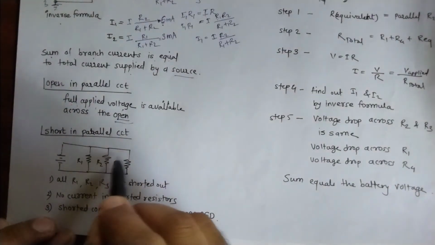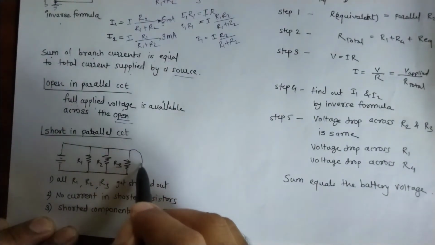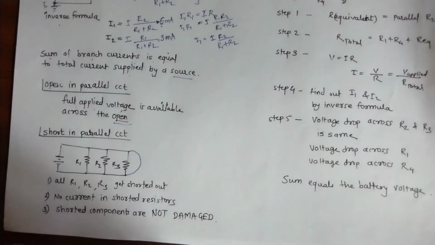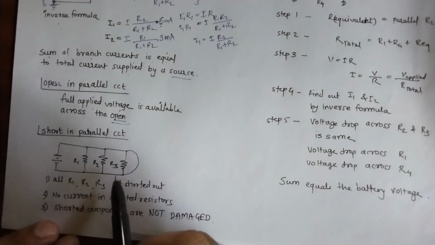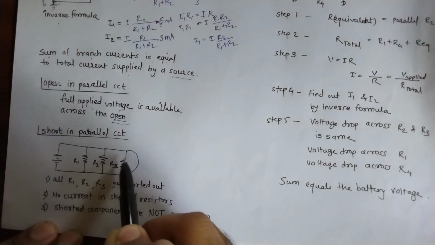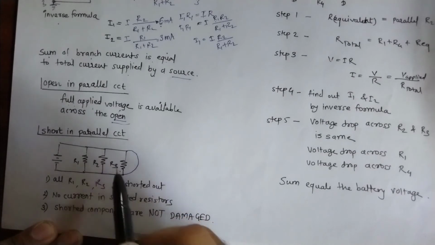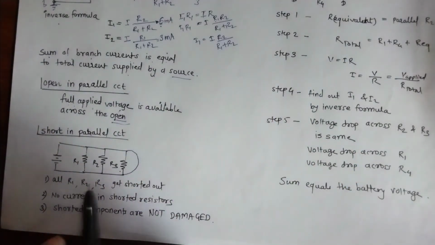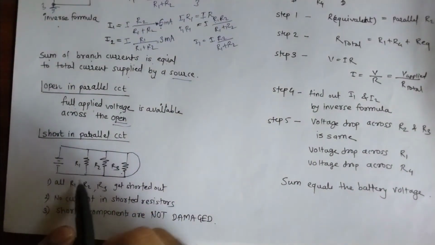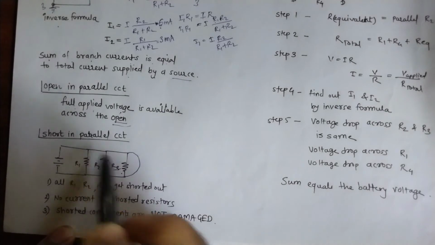Let's say here there is a short across R3. According to the series resistor circuit, when we short a particular resistance, then only that gets shorted and the other resistances remain the same. But in this case, R1, R2, R3 are all in parallel.